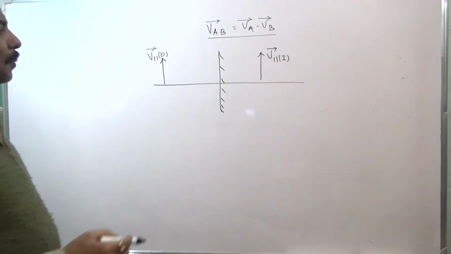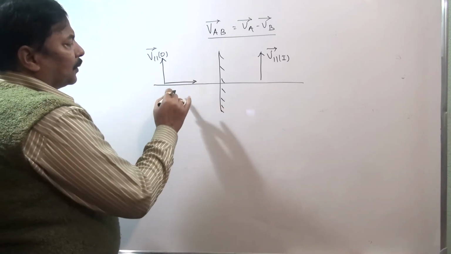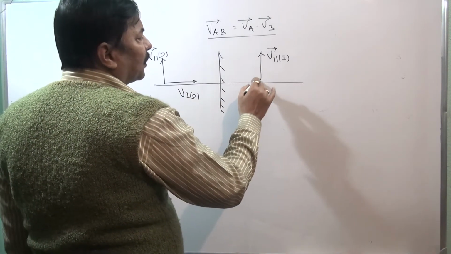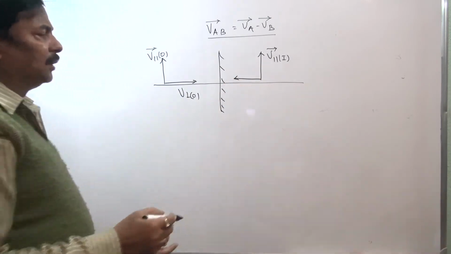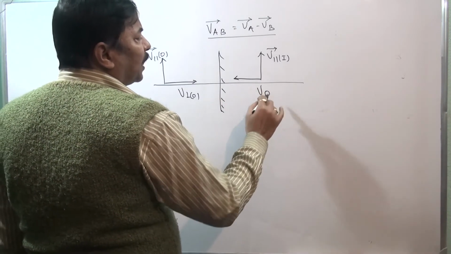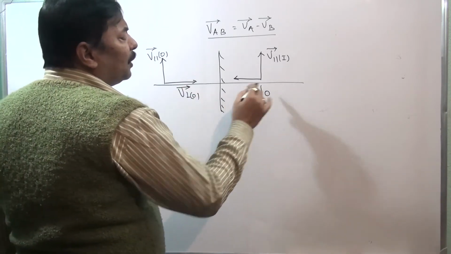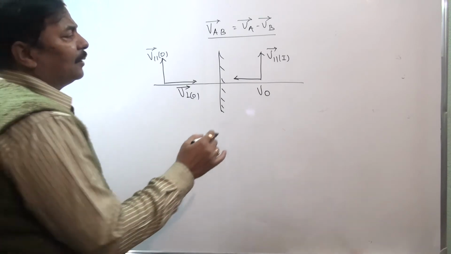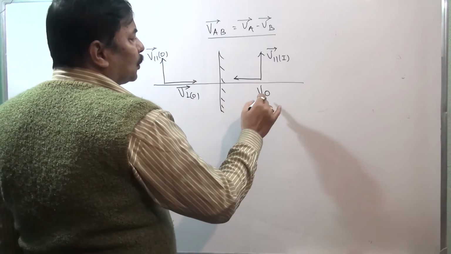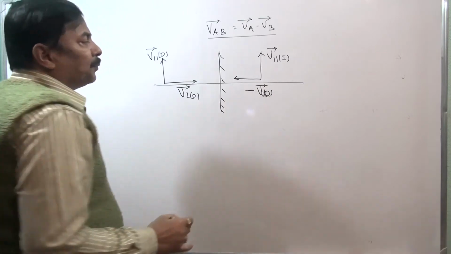If we take the perpendicular component, V perpendicular of object, here you will observe that the image will be moving in this direction. The magnitude will remain the same, only the direction is opposite, so this is V perpendicular of object, but it will be negative.